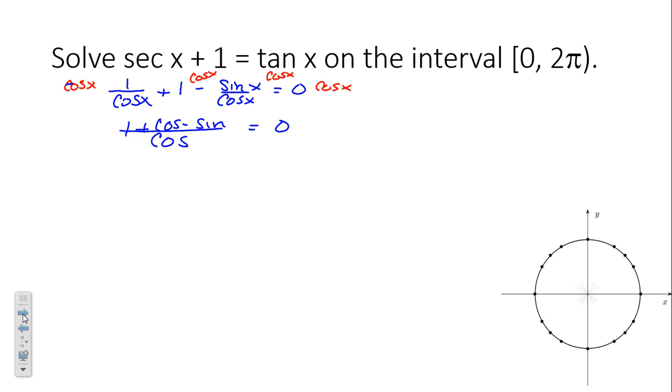Instead of doing this, Austin suggested that we just get a common denominator all the way through. So 1 over cosine has a common denominator. This one is being multiplied by cosine, and this one already has the common denominator. I'm forgetting my x's here.